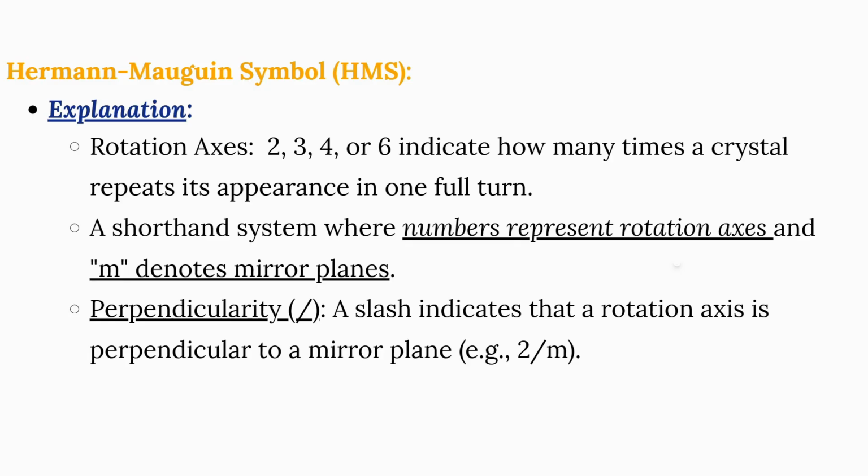Basically, we first find the rotation axis, whether it is 2-fold, 3-fold, 4-fold or 6-fold symmetry, then we find the mirror planes, represented by m, and lastly we find the perpendicularity, that means whether it is parallel or perpendicular.